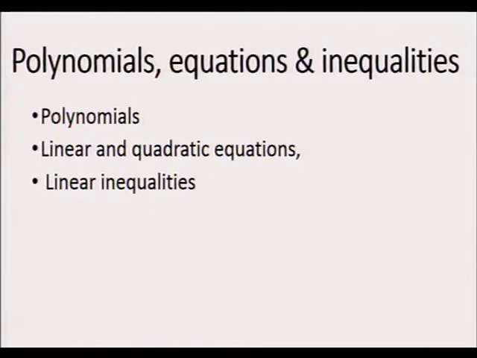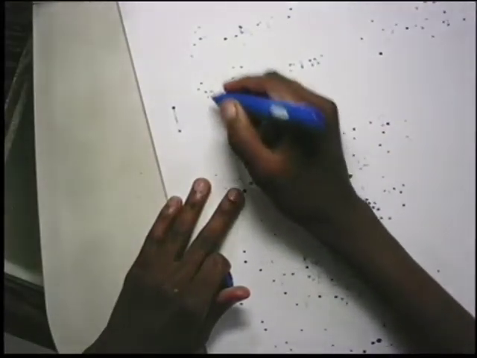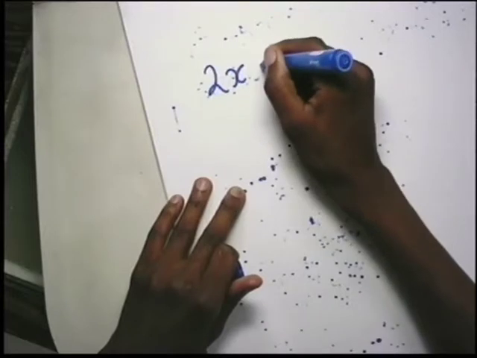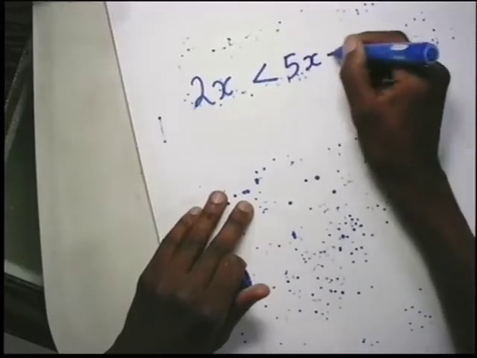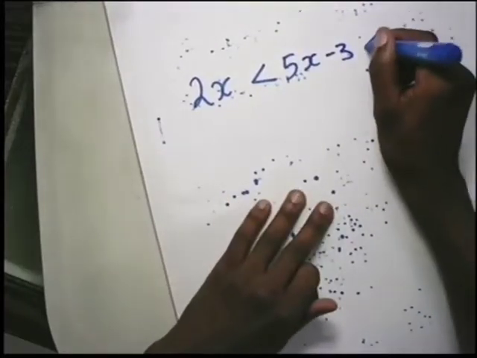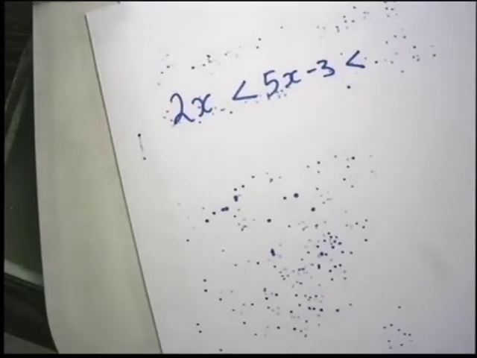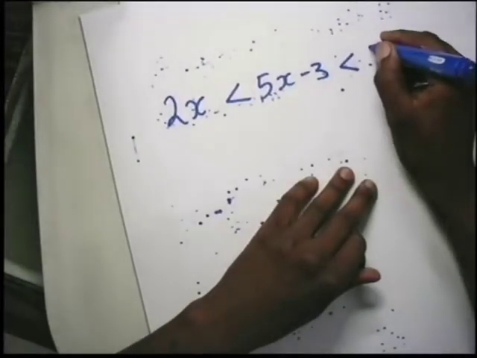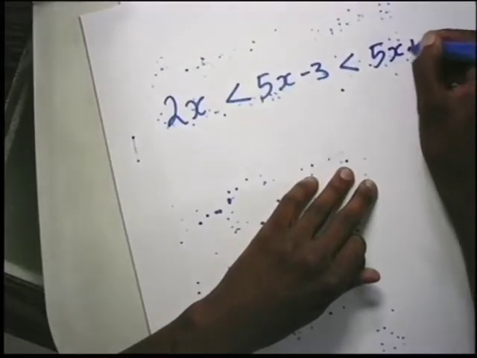So for example, if you are given to solve, to represent the following on the number line, let me say you have 2x greater than 5x minus 3 greater than 5x plus 10.